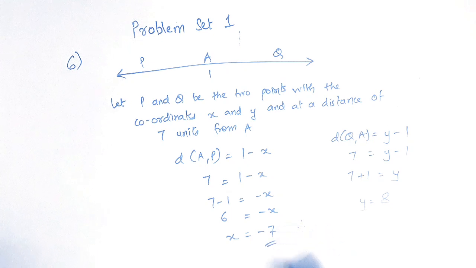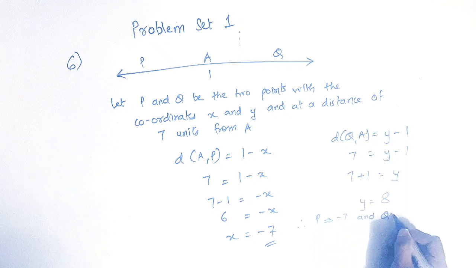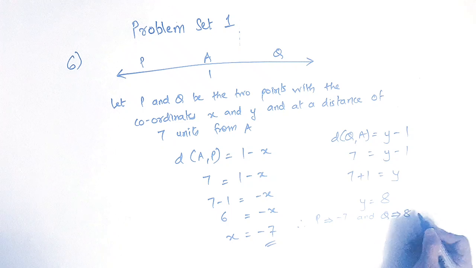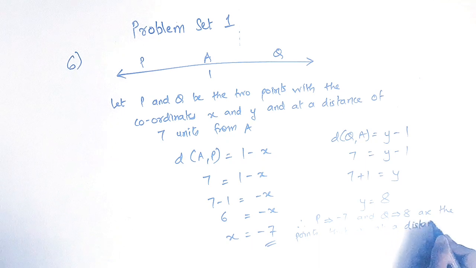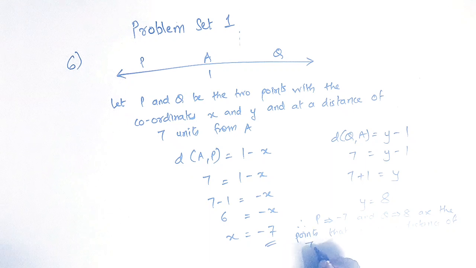Okay, therefore P, which has the coordinate minus 7, and Q, which has the coordinate 8, are the points that are at a distance of 7 units from point A. Okay, easy one.